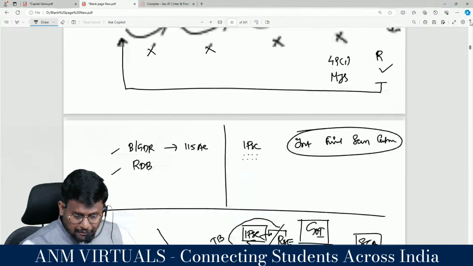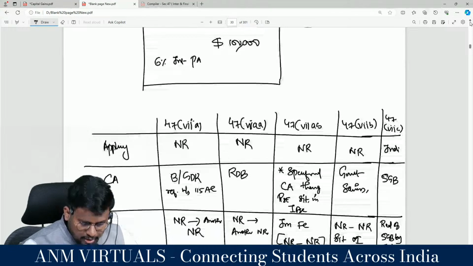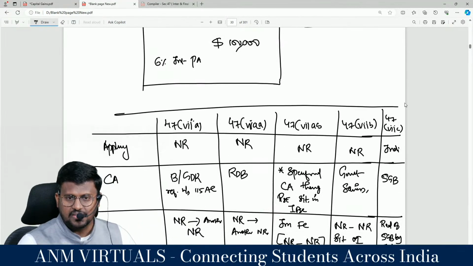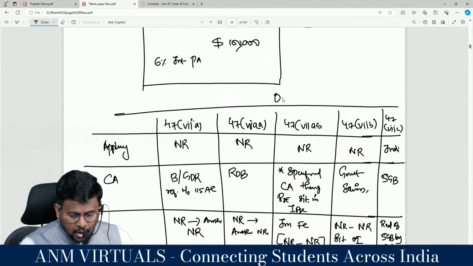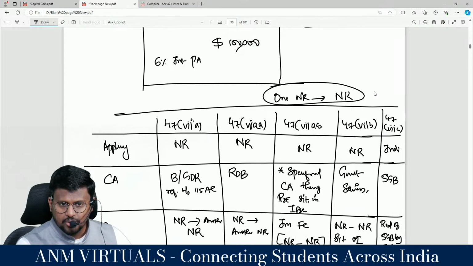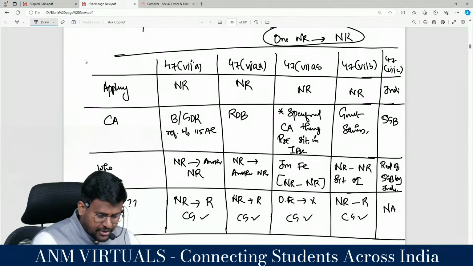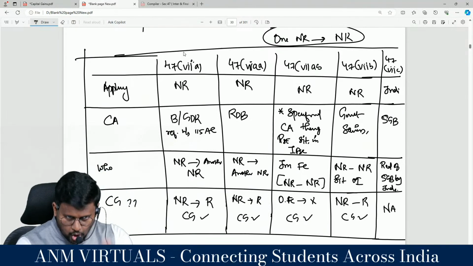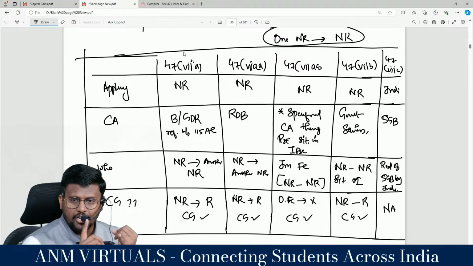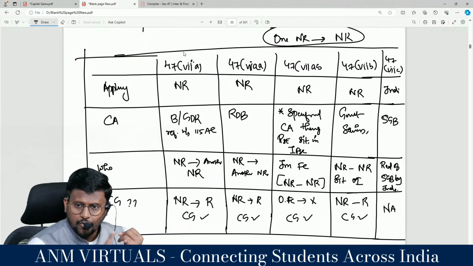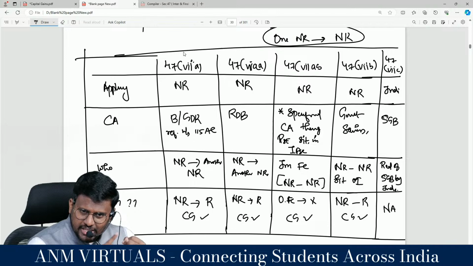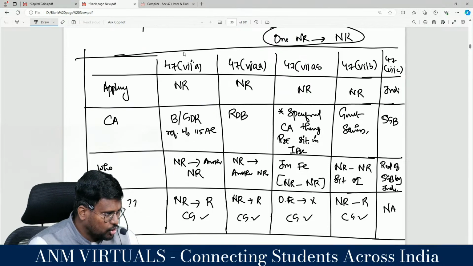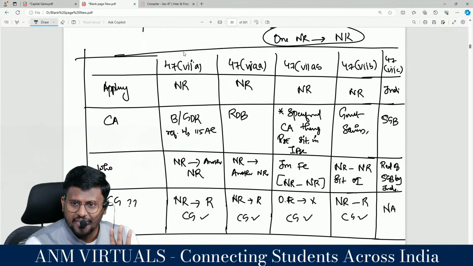In that we have classified by one non-resident to another non-resident, 5 clauses. Correct? So a non-resident to another non-resident transfer is covered by 5 clauses? Come, this is how we have to remember it. 5 of the 10 clauses are finished: 47 clause 7A, 47 clause 7AA, 47 clause 7AB, 47 clause 7B, 47 clause 7C.